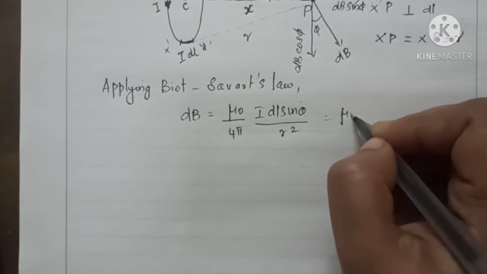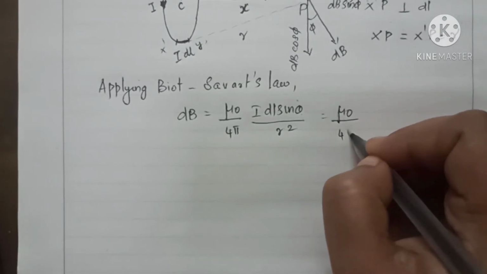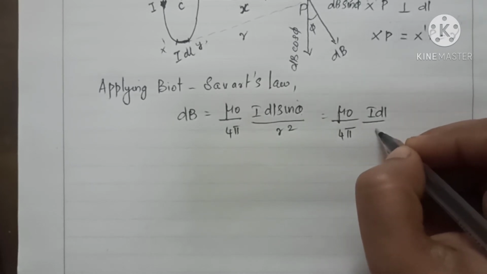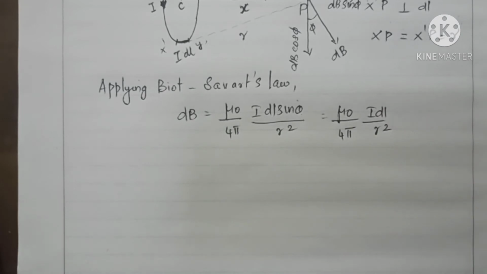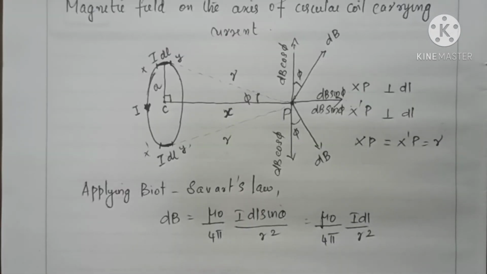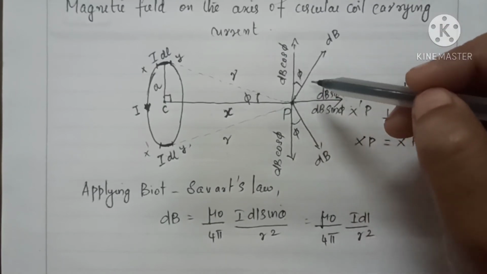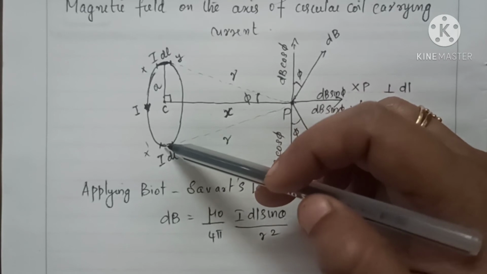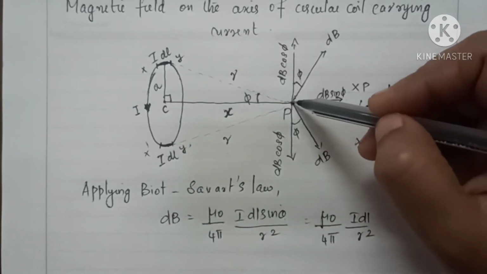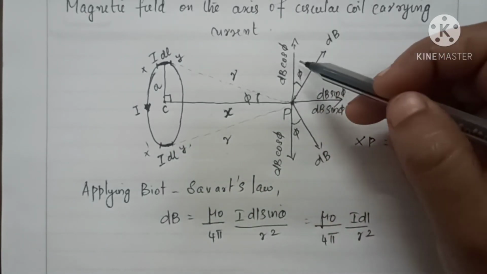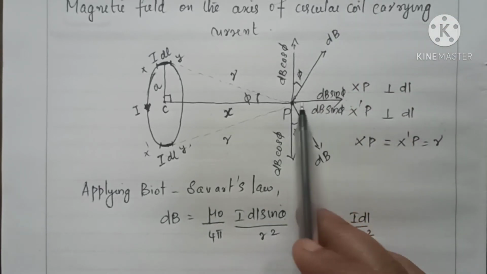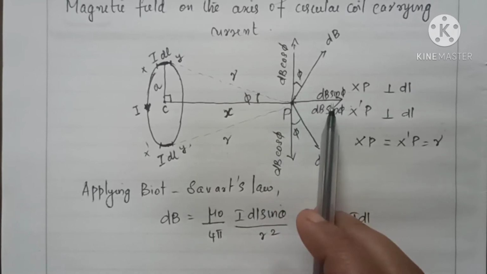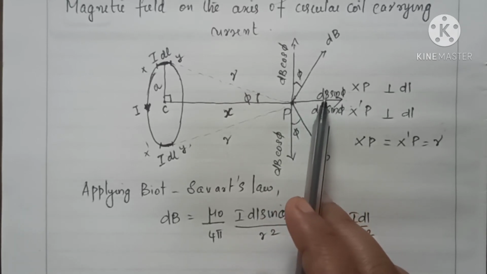So this equation is mu 0 by 4 pi then I dl divided by r squared. Now in the figure you can see that dB is resolved into two components on both sides, because of both current elements. But here this dB cos phi is equal on both sides and it will get cancelled. But dB sin phi, which is on the same side, will get added up. So total magnetic field at the point is dB sin phi, isn't it?